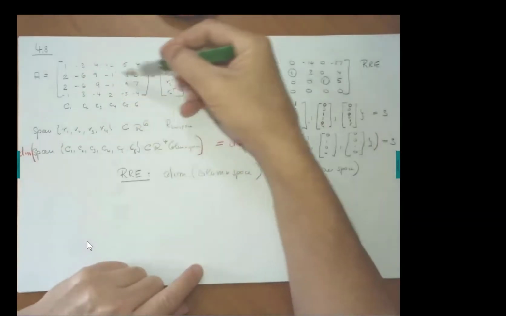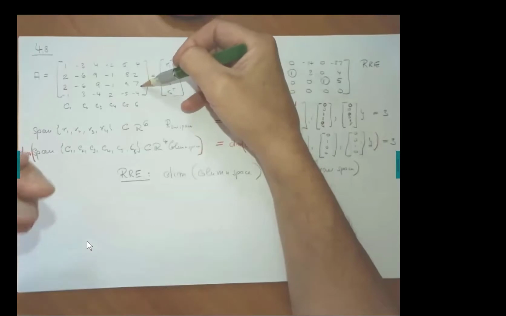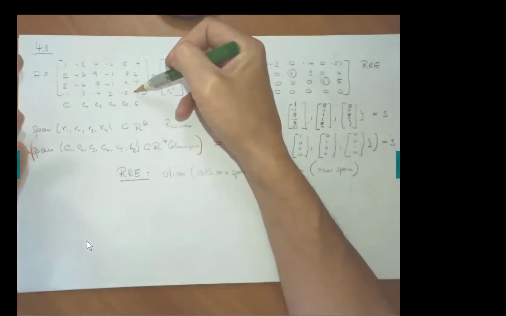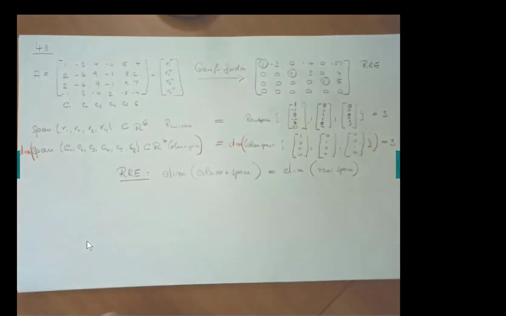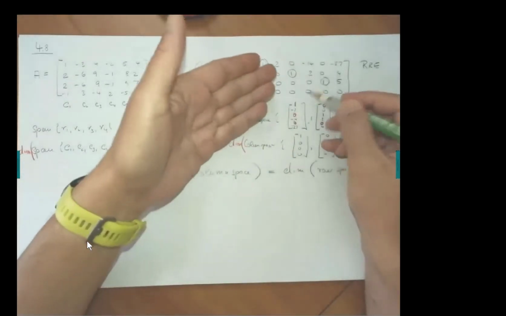So you have 6 columns and 4 rows. If it turns out only 3 of these rows are linearly independent, automatically from the columns, there are also only 3. Why in the world would this be? It turns out if you're at the reduced row echelon form, that's clear, no? Because, yeah, how else?